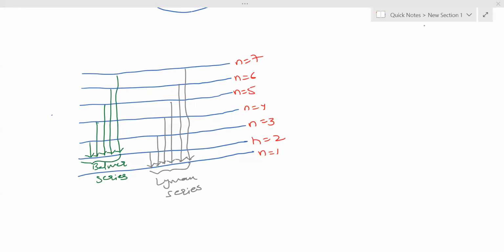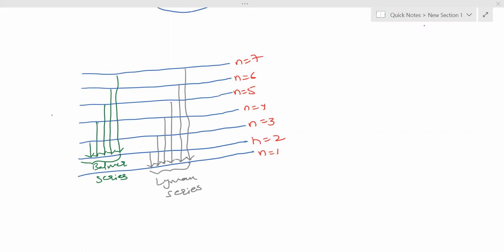Similarly, between n equal to 3 and higher orbits. So this is all about emission, because the transition from higher to lower is involved.